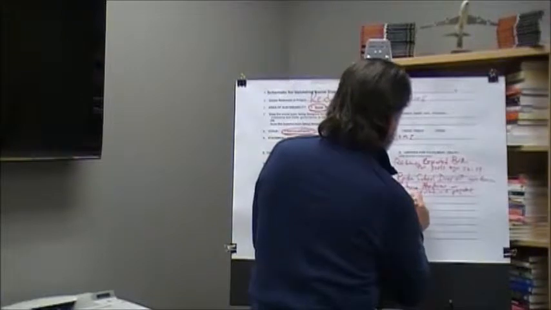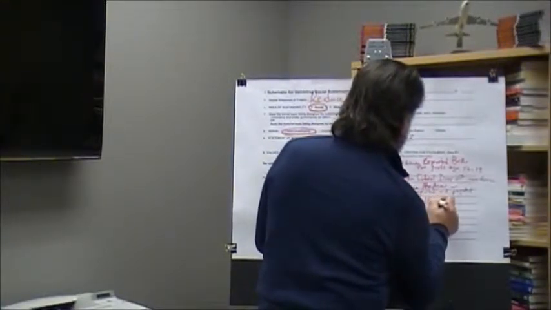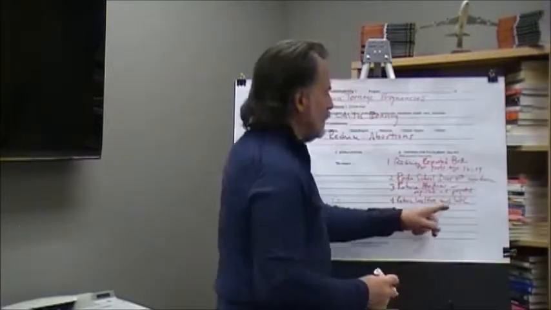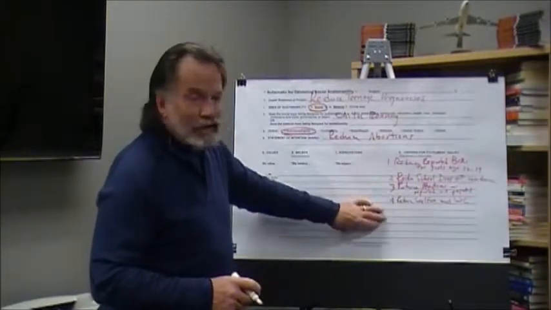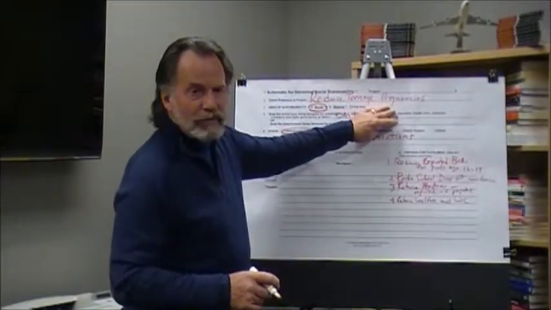Reduce welfare and WIC enrollment. These are all measurable. This helps us know how we're doing with this process.